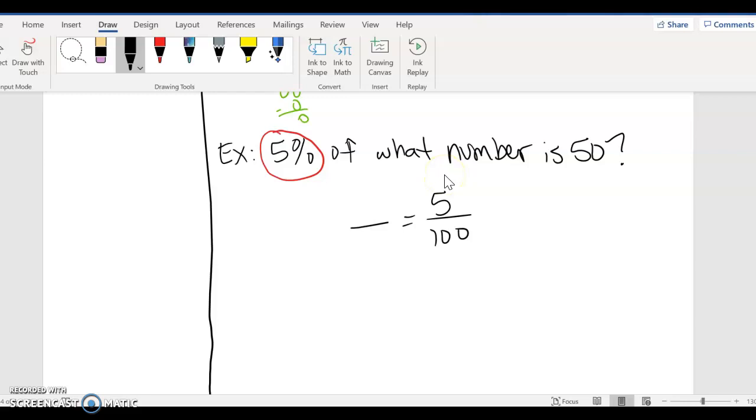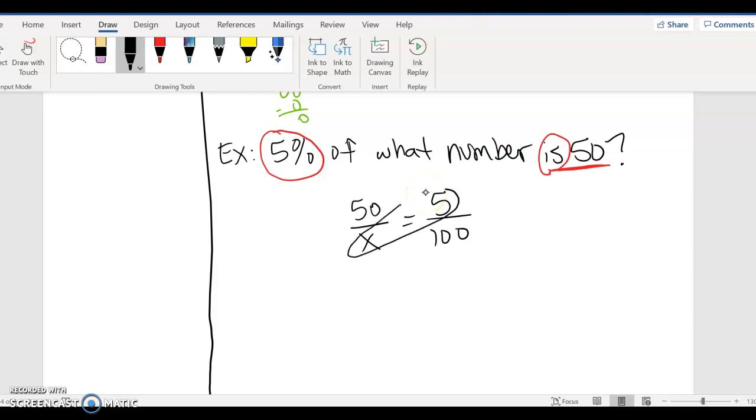And then we've got to decide where that 50 goes. So if we look very carefully, the word is right in front of the 50. So that tells me that 50 is going to be our numerator. And then of what number, we don't know. So of is missing. That's going to be our x.